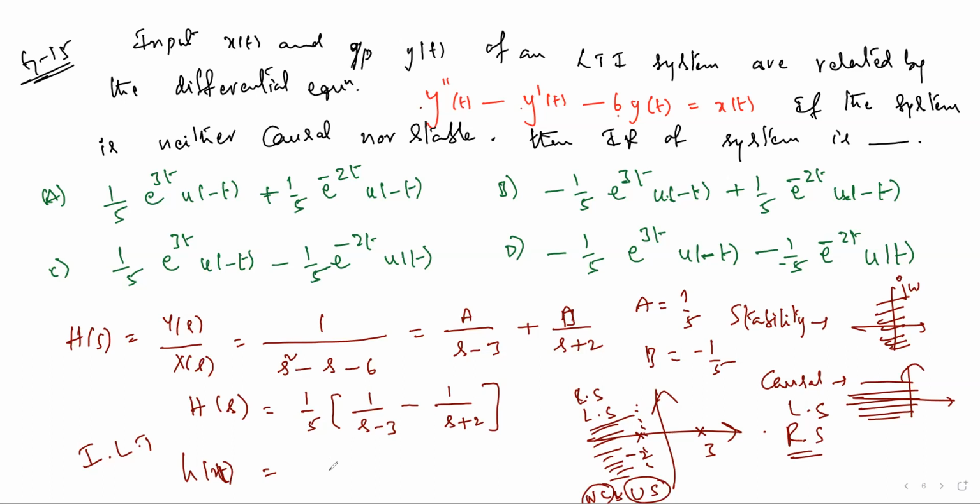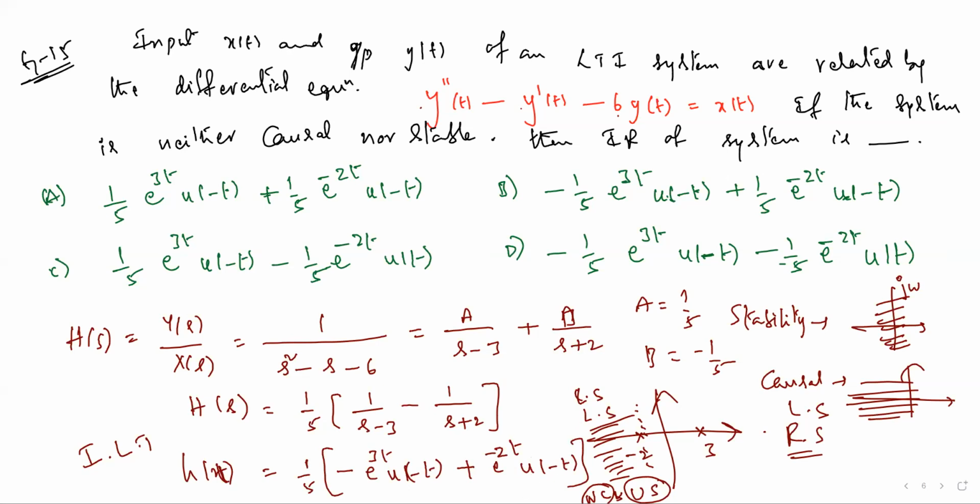Both left side means it is 1/5 of minus e to the power of 3t u of minus t plus e to the power of minus 2t u of minus t.